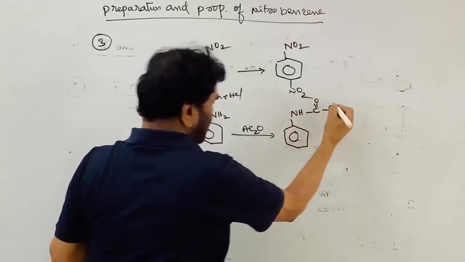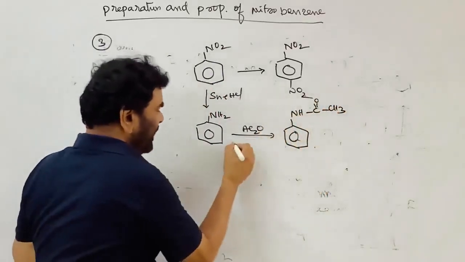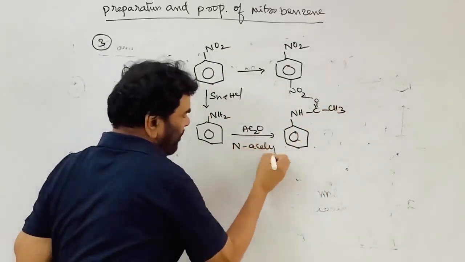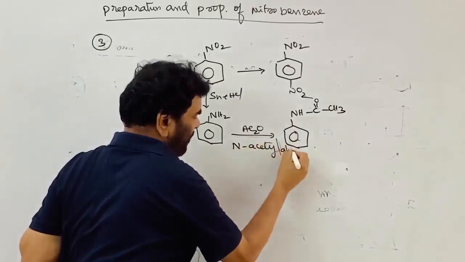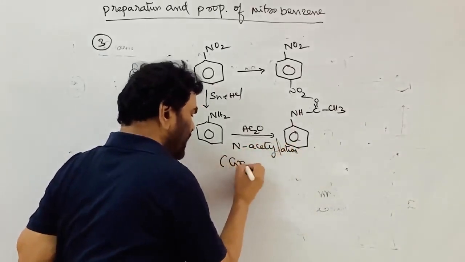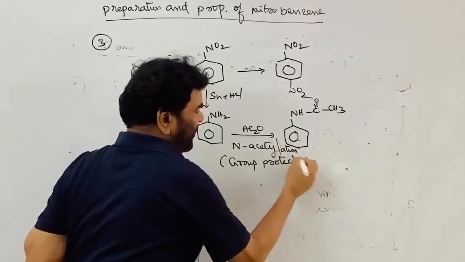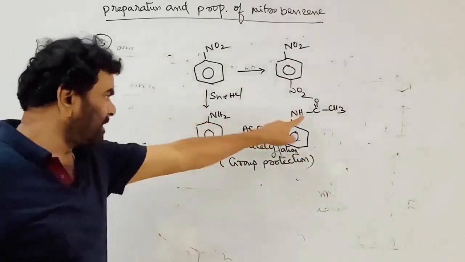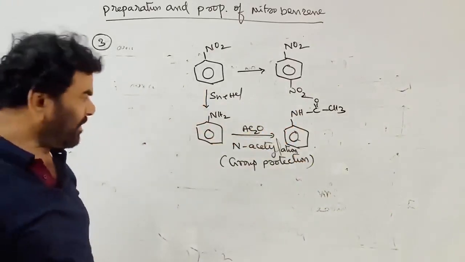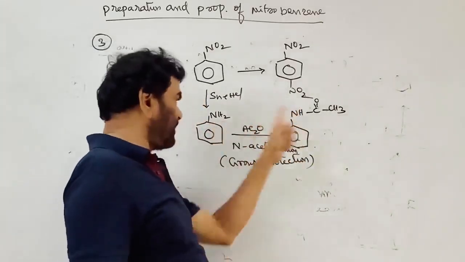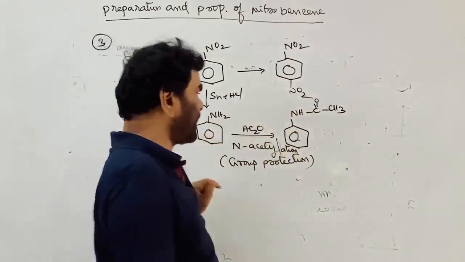N-acetylation is taking place, which is group protection. This group is also a ring activator, but weak compared to the very strong ring activator NH2.